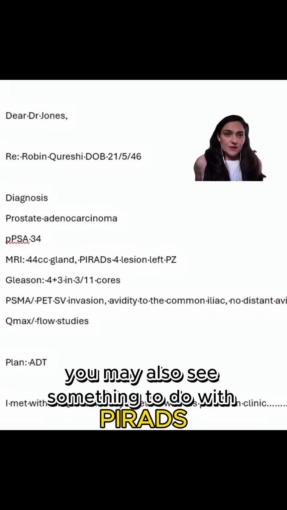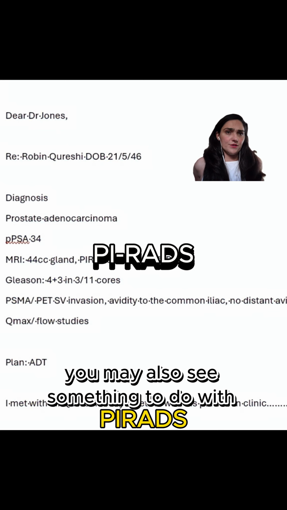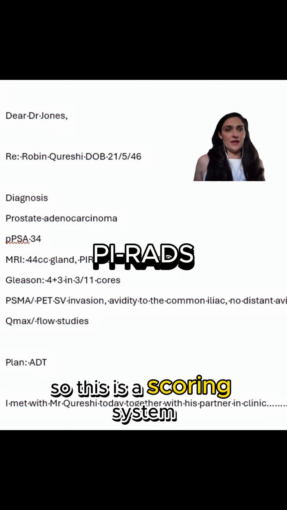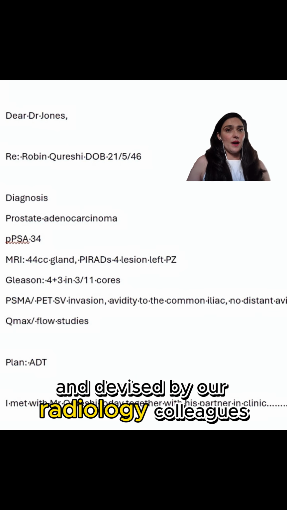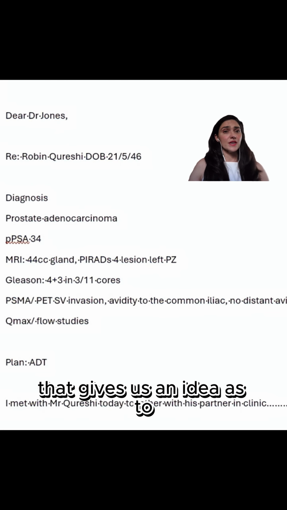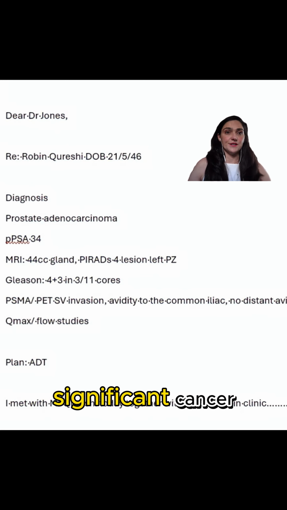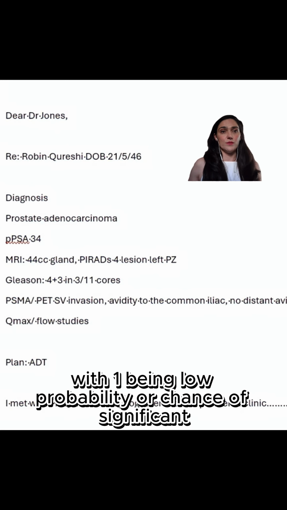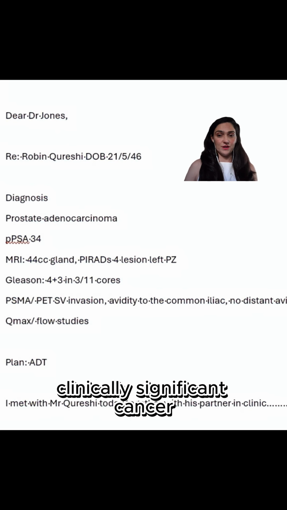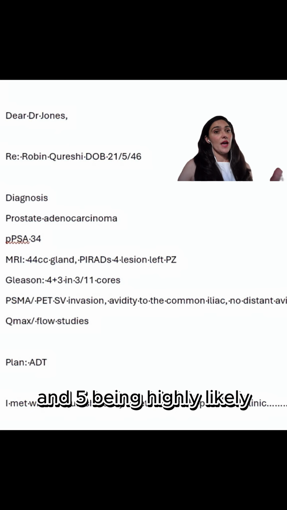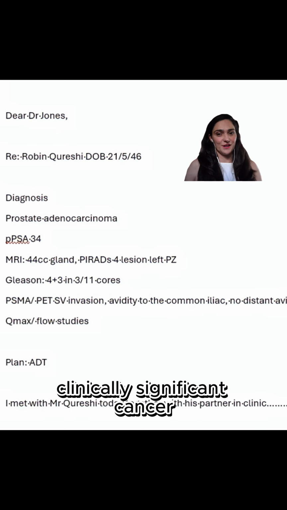You may also see something to do with PIRADS 4. So this is a scoring system devised by our radiology colleagues that gives us an idea as to the likelihood of clinically significant cancer, with 1 being low probability or chance of clinically significant cancer, and 5 being highly likely clinically significant cancer.